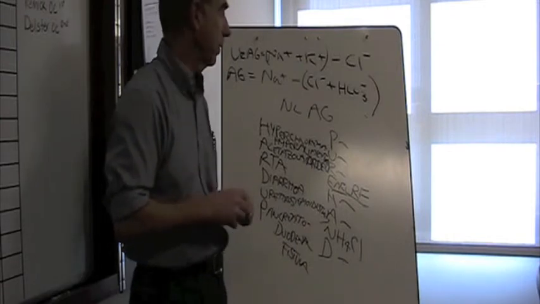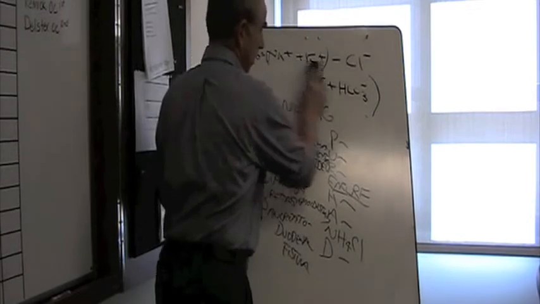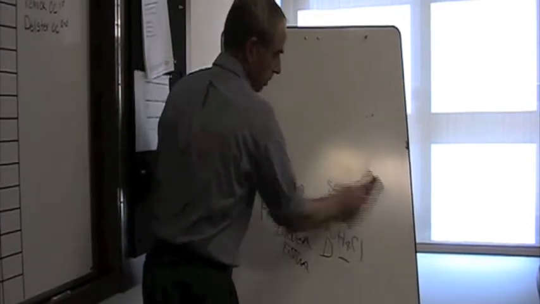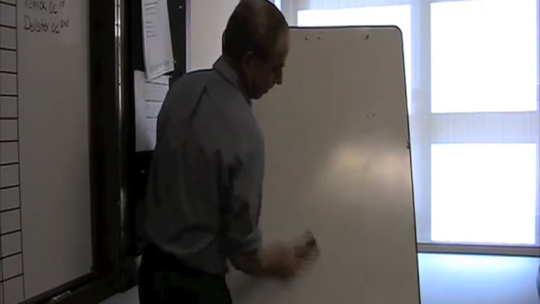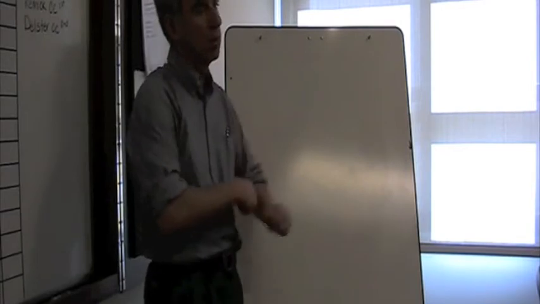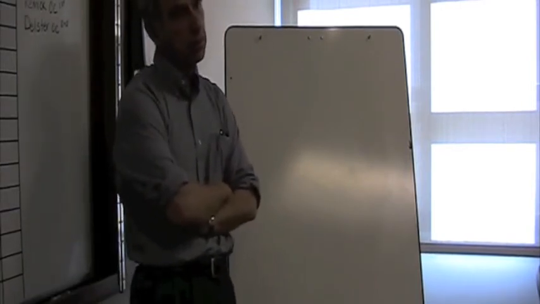Right? Okay. And then I'm not going to go into all the evaluation of different types of RTAs. But you can't tell the different types of RTAs by the urine anion gap, right? You just tell if it's diarrhea or renal.